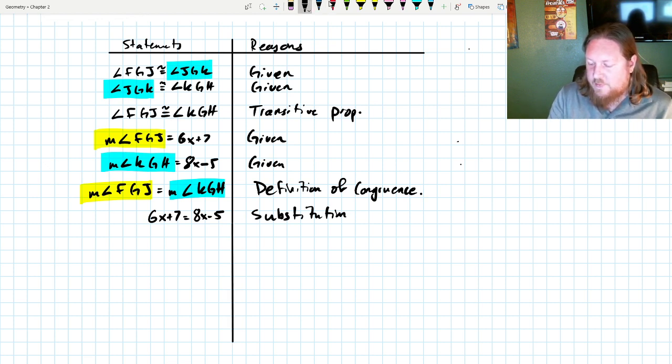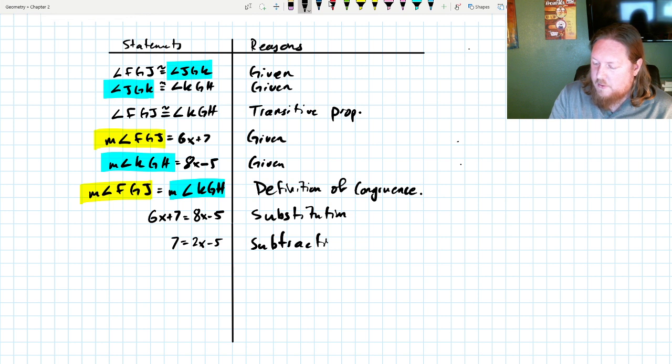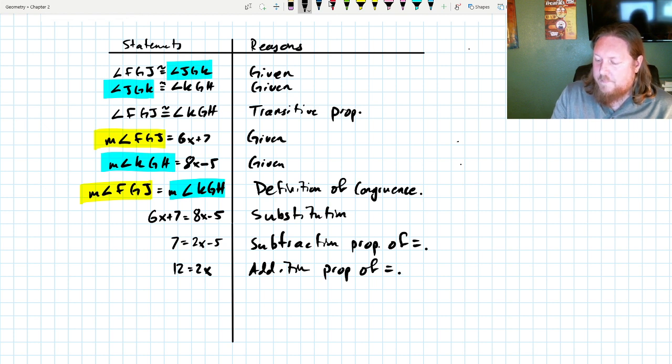I'm going to subtract 6x from both sides, and I get 7 equals 2x minus 5. We'll call this the subtraction property of equality. Let's add 5 to both sides, so I get 12 equals 2x, and that is the addition property of equality.